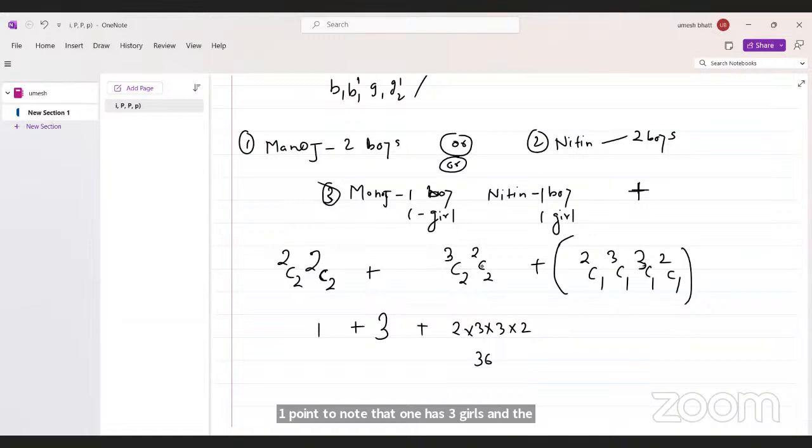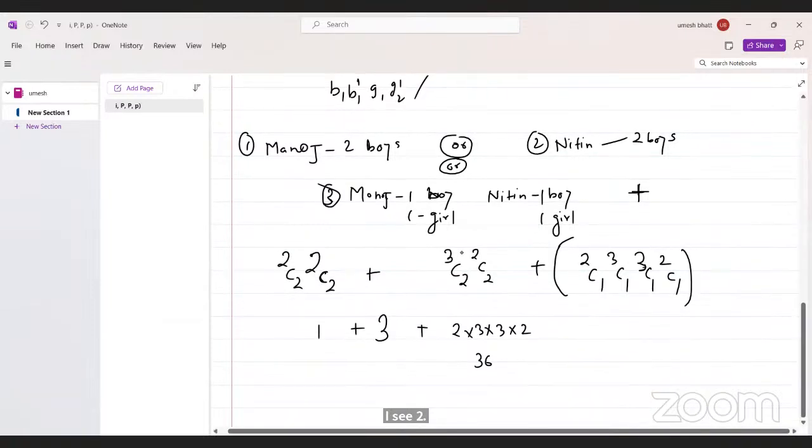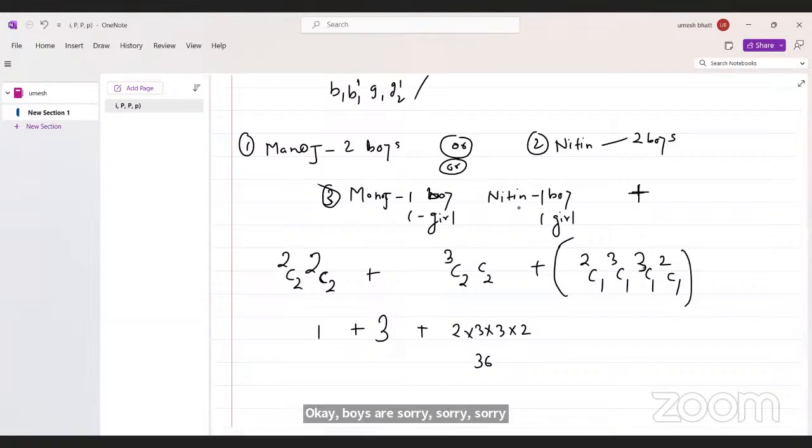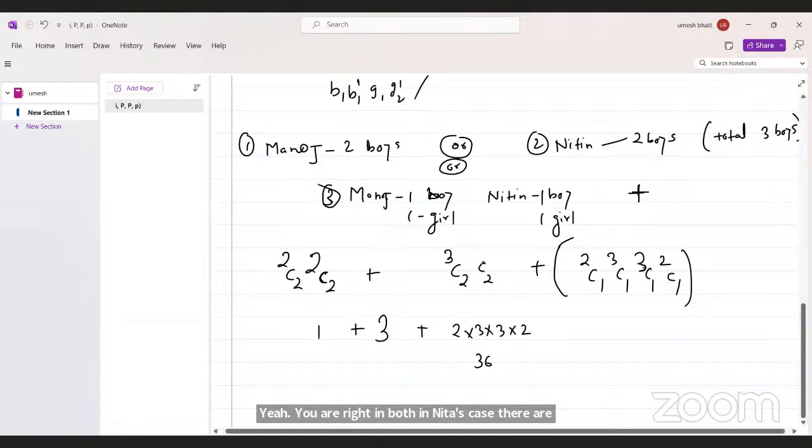Let me check. In Nitin's combination case, the boys are 3. You are right, in Nitin's case there are total 3 boys. That's the missing part.